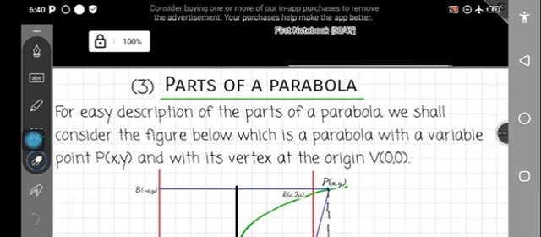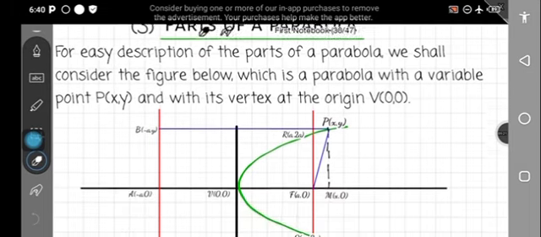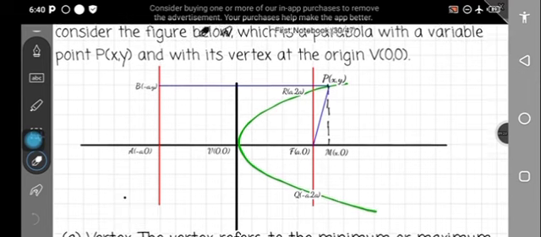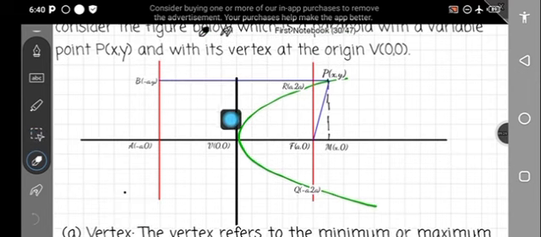Now we want to describe the parts of a parabola. For easy description of the parts of a parabola, we shall consider the figure below, which is a parabola with a variable point P with coordinates (x, y), and with its vertex as the origin V, which is (0, 0). Can you see?